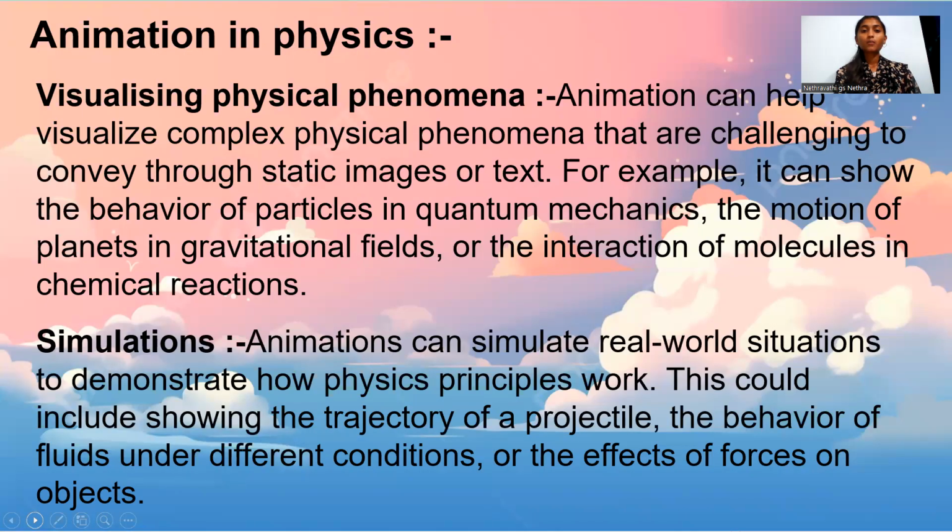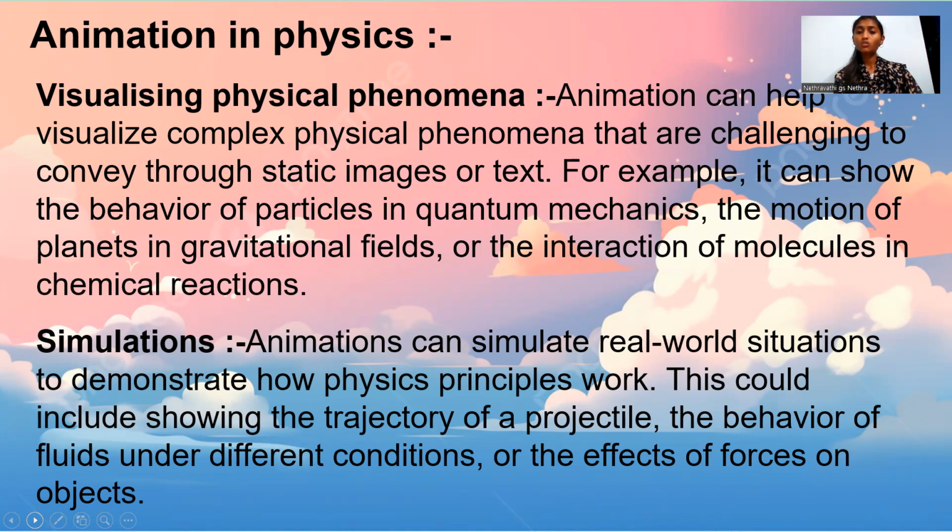Let us come to how animation plays a very important role in physics. First is visualizing physical phenomena, which means animation can help visualize complex physical phenomena that are challenging to convey through static images or text. For example, it can show the behavior of particles in quantum mechanics, the motion of a planet in a gravitational field, or the interaction of molecules in chemical reactions.